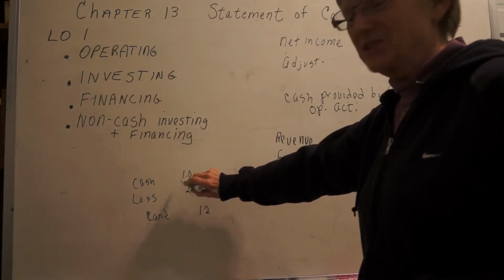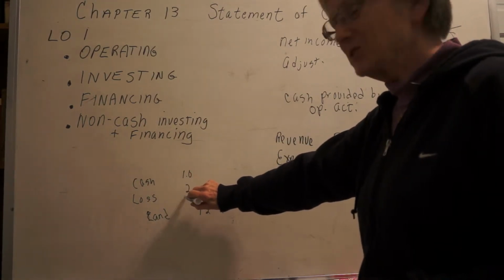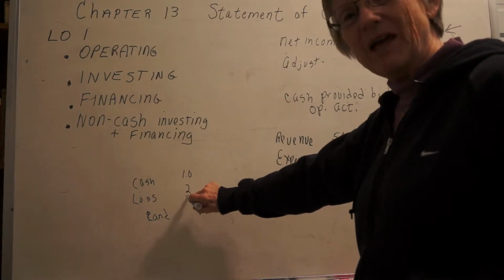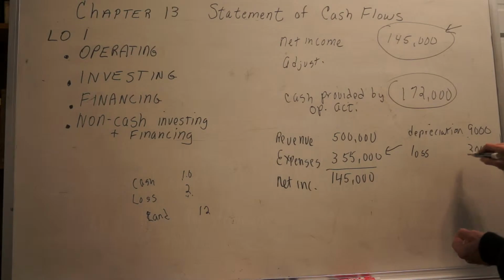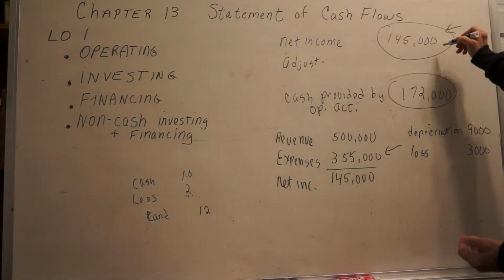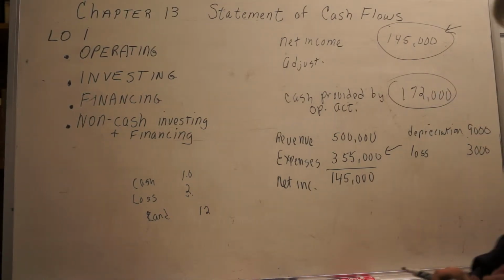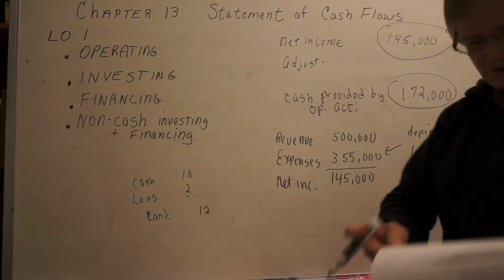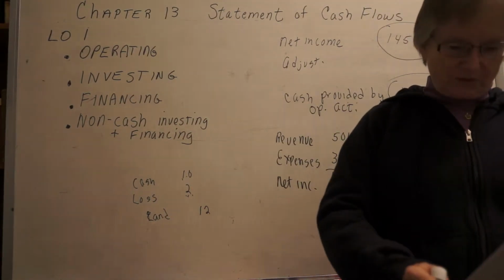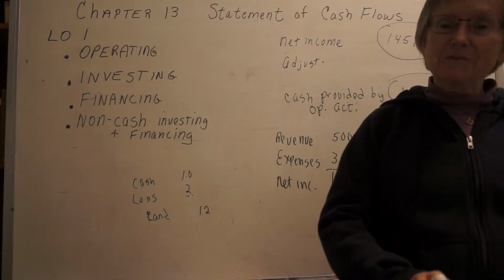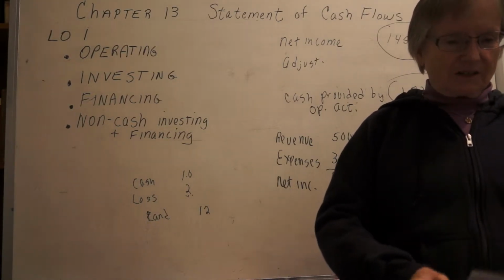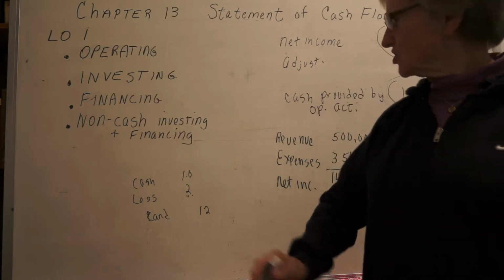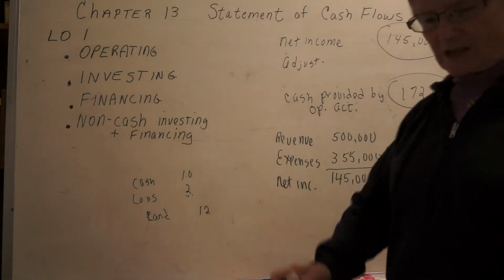We got cash, but you have a loss. The loss decreases your net income, but no cash went out. Cash actually came in. So we add back the loss to get from net income to how much cash we have. No cash was paid for either of those items, and yet the expenses were deducted to get net income. Then we make all these adjustments for the various current accounts.